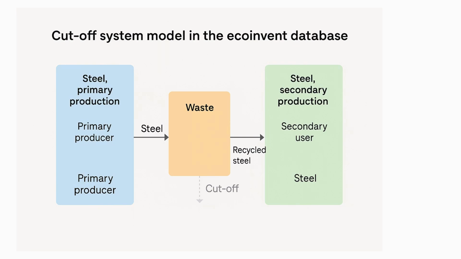As per the cutoff system, if the waste steel is utilized by a secondary user who may recycle it, who can harness the resources from that waste, then it is their burden, not the burden of the primary producer. But if the primary producer is not able to manage this waste, or the waste is not recyclable, or the waste is going to be disposed of by the primary producer, then it falls under his responsibility.